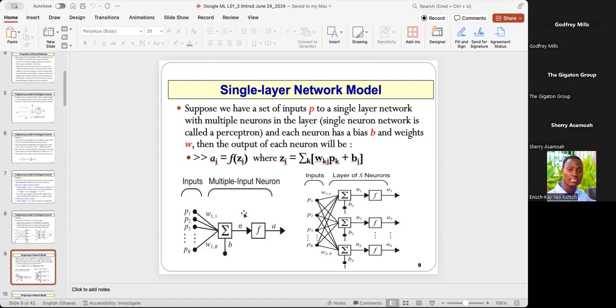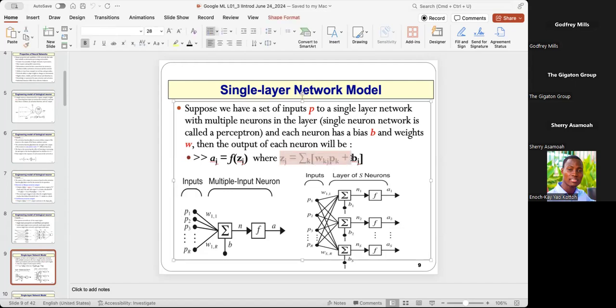Okay, we have seen this information already, where we perform this function.